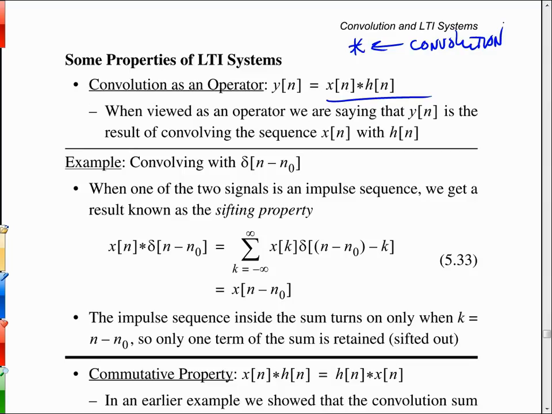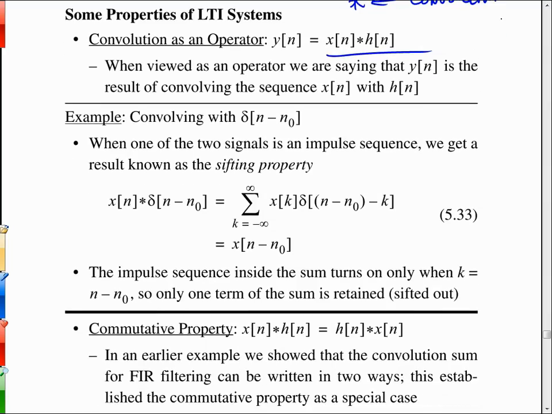But if we view this as an operator, then we can observe that there are properties of this operator. One of the special properties is what happens when you convolve something with a delta sequence. So if you take x of n and convolve it with a delta sequence, you can put this in your memory banks for later, but the proof of it would be to go ahead and run out the convolution sum.